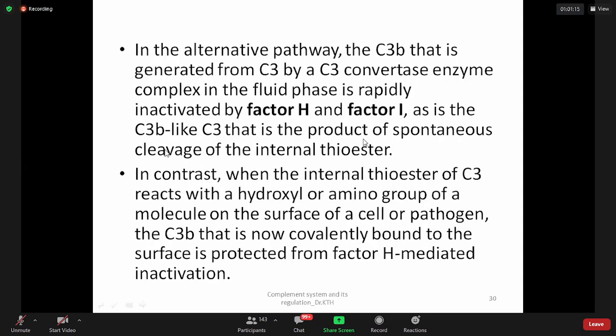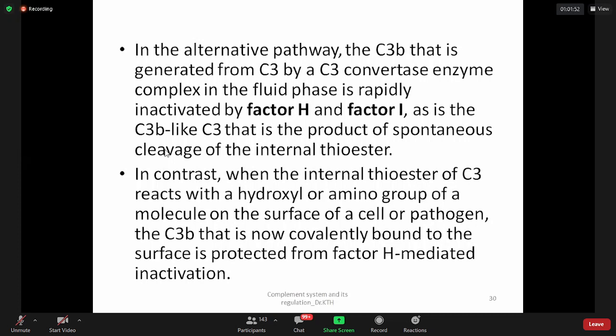But also, in the alternative pathway, the C3b that is generated during all these processes is usually rapidly inactivated. And this inactivation is done by factor H and factor I. Okay, so factor H and I rapidly inactivate the C3b because we said that usually we have spontaneous hydrolysis of C3 into C3b and C3a.